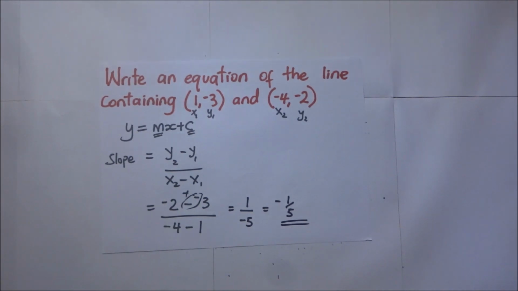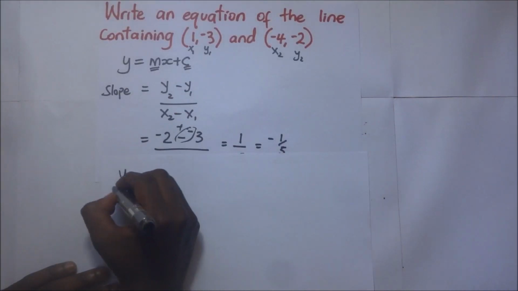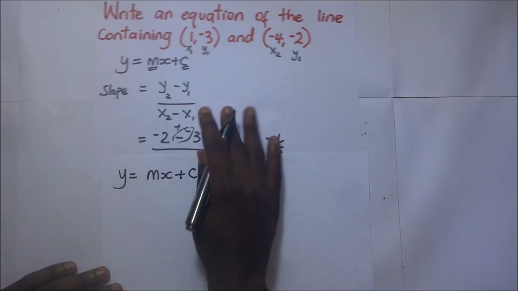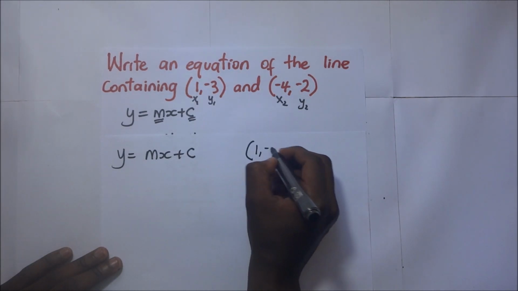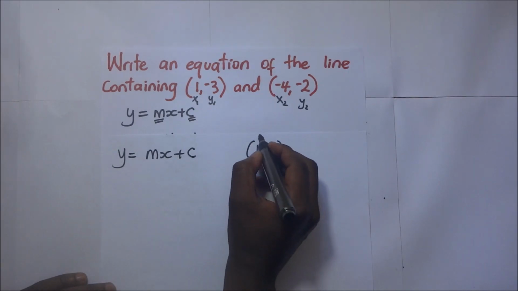So that's our slope. After finding our slope, go ahead and find the value of c, the y-intercept. So from y is equal to mx plus c, we shall just get one of these 2 points, let's get this one of (1, -3). So we're going to substitute it in here. This is x, this is y.